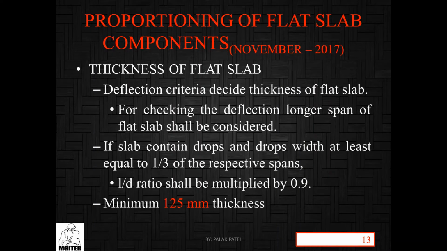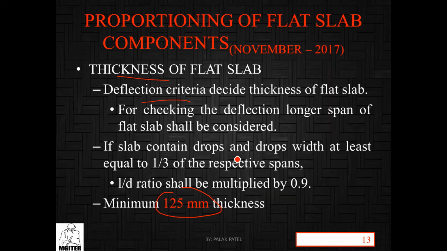Now the properties of flat slab components. Some things are fixed from IS 456-2000, like the thickness of a flat slab is minimum 125 mm, not less than 125 mm, right? And this thickness is decided by the deflection criteria.